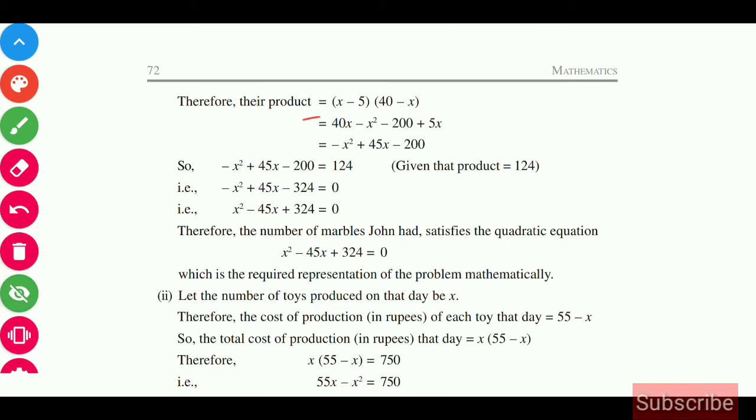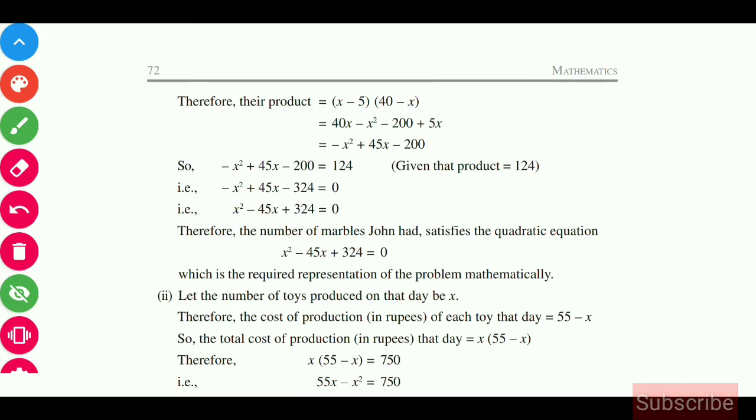This is nothing but multiplying x with 40 as well as x. Similarly, multiplying 5 with 40 as well as x.